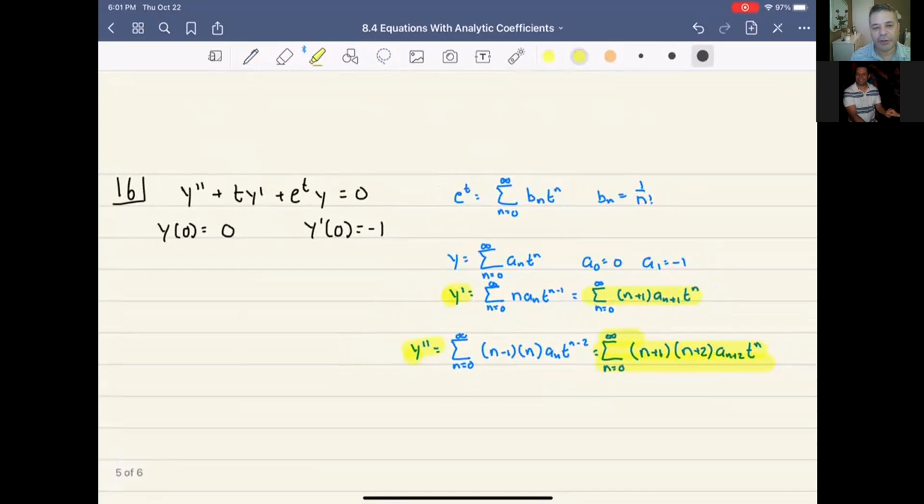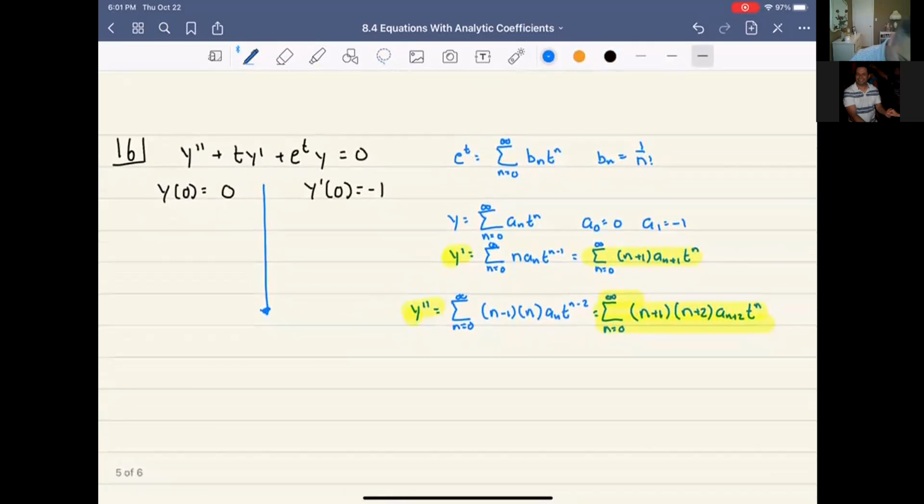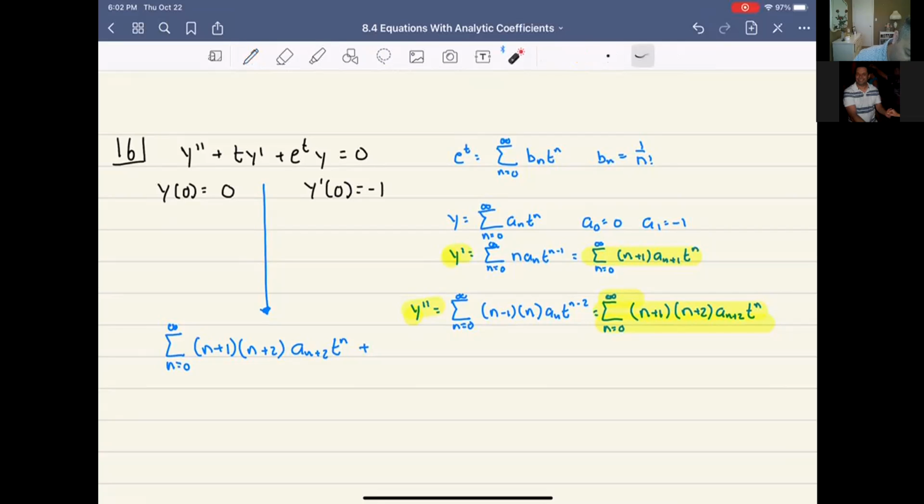Now let's start putting it into the differential equation. I can set up just a little bit. So I'm going to have y double prime, plus, now this t is going to, oh, I'm not going to use that other one, the shifted one.